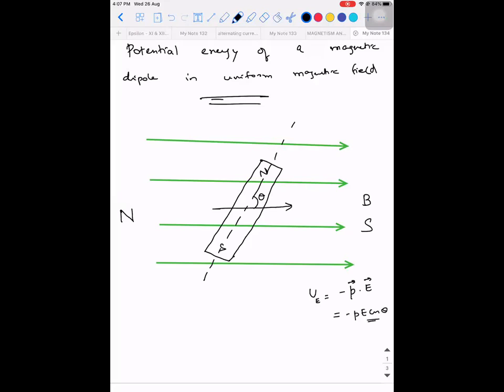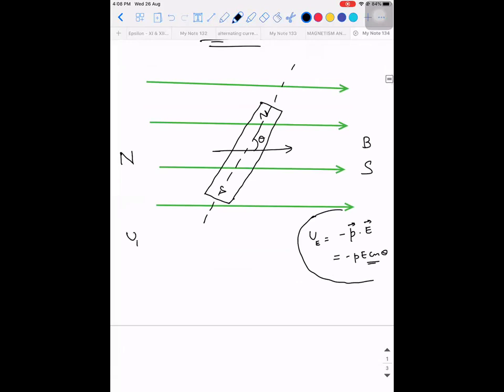You remember there was a concept of stable equilibrium and unstable equilibrium. So what do you think will be the answer for this one? UB will be equal to minus M vector dot B vector, or minus MB cos theta. Okay, how to derive this?